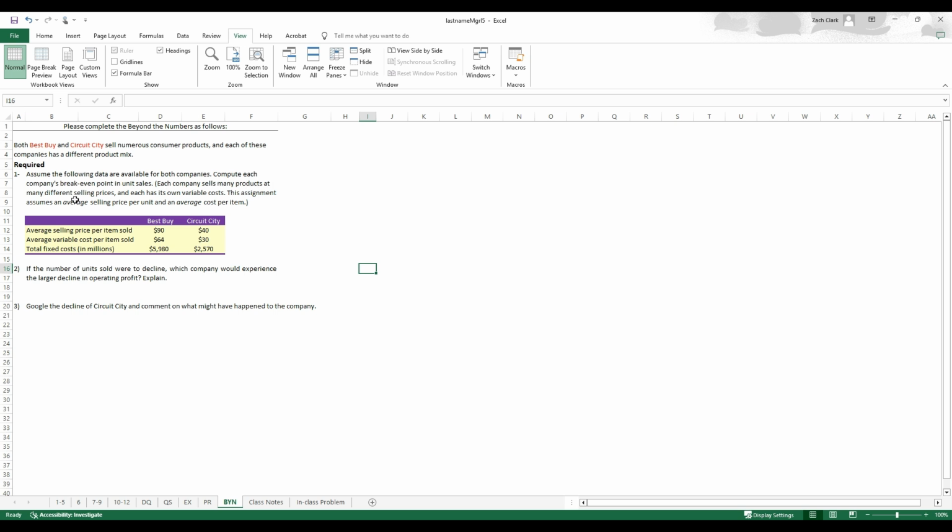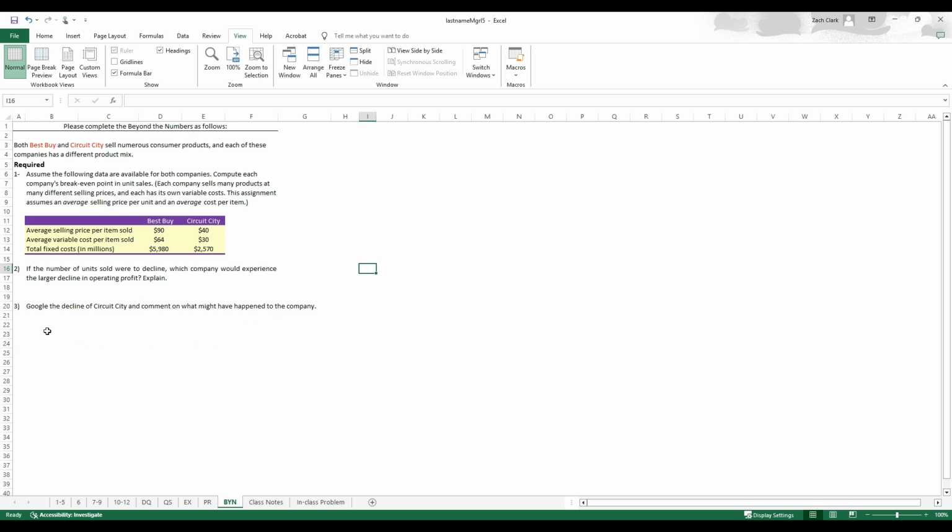Each company sells many products at many different selling prices, and each has its own variable costs. This problem assumes an average selling price per unit and an average cost per unit. If the number of units sold were to decline, which company will experience a larger decline in operating profit? And then it says to Google the decline of Circuit City and comment on what might have happened to the company.